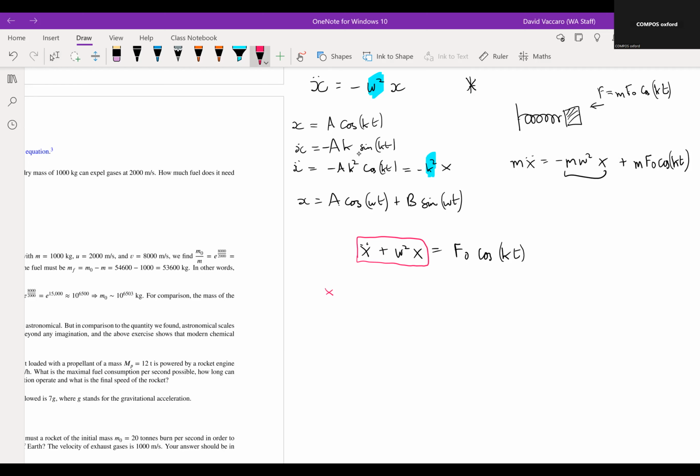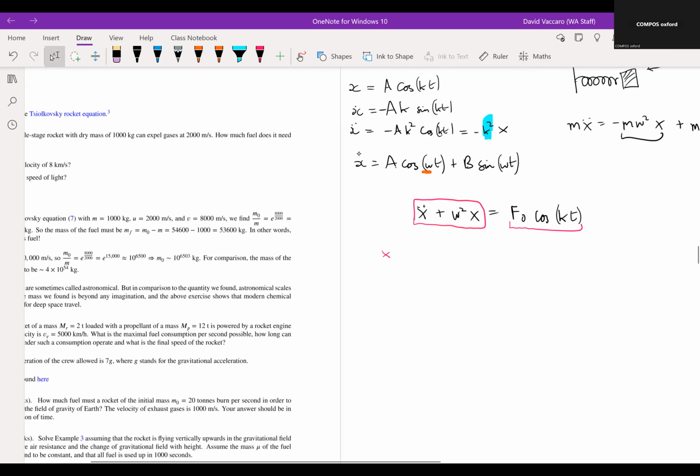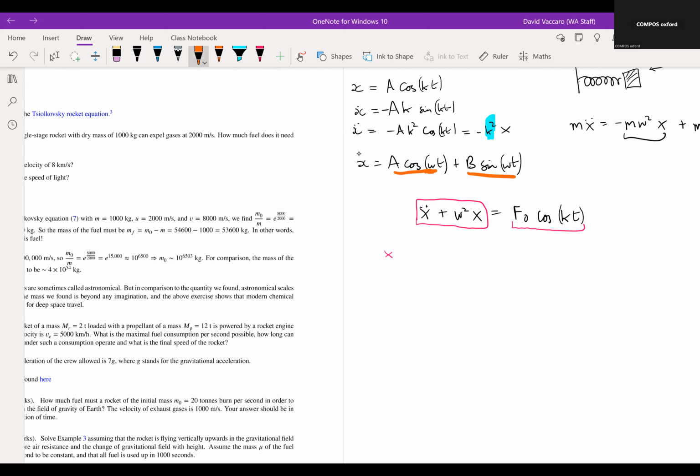So if I want to solve this differential equation, I just want to find one function that works. And then I can add on multiples of a cos omega t and b sine omega t. And when I differentiate them twice and add omega squared times x, it'll just give me 0, and that won't affect the value.